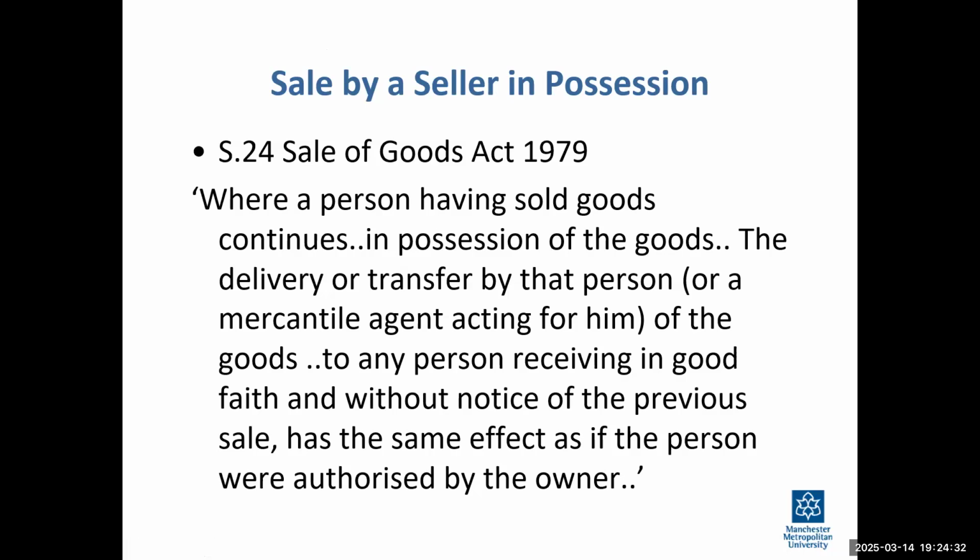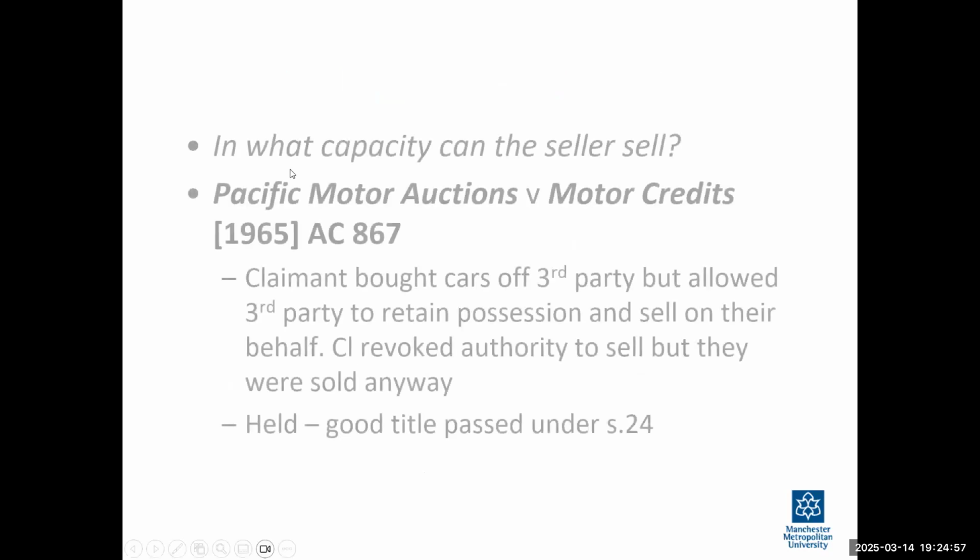And if that one doesn't take delivery as well, you keep selling until one of them gets the delivery. And the first buyer to get delivery will take good title because again the law is trying to protect commercial certainty, commercial convenience, wanting people to be able to deal freely in the market. So this is what the provision is.